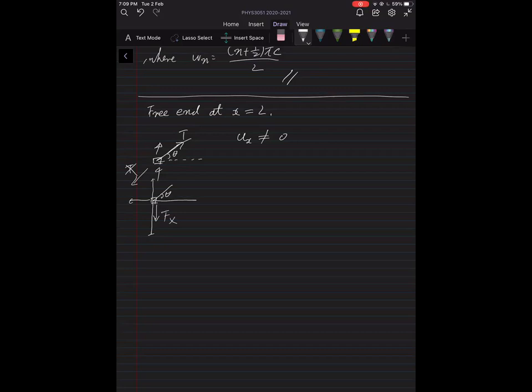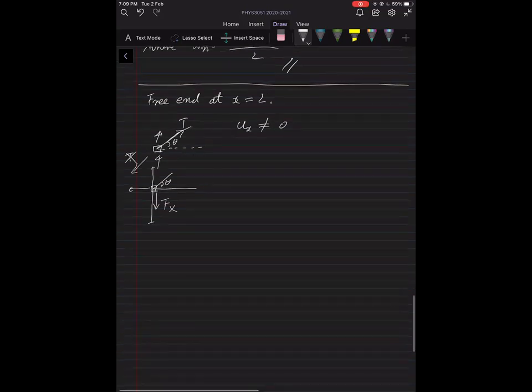Then you will accelerate the element, giving an infinite acceleration. That's the reason why it has to be flat here. It has to be horizontal.